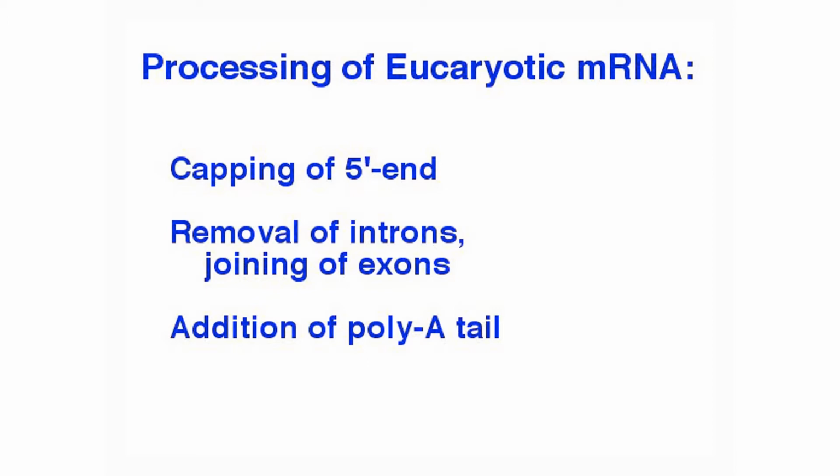Those three are the capping of the 5' end of the RNA strand, removal of introns and the joining of exons, and finally the addition of a poly A tail. And we will look at examples of these.